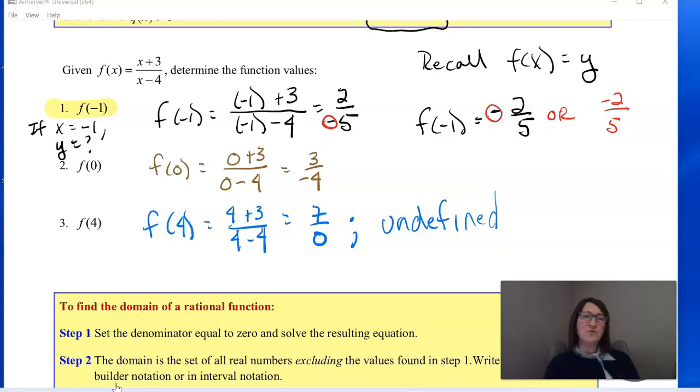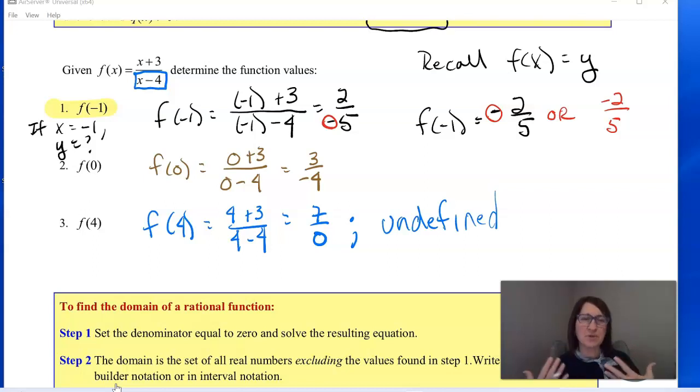You can recall that when we were looking at domains, anytime we had a basic function with the variable in the denominator, we were most concerned that the x would only include numbers that would not create a 0 in the denominator.